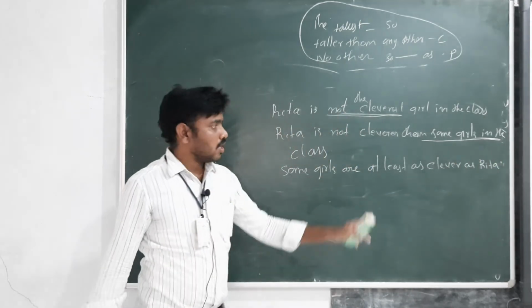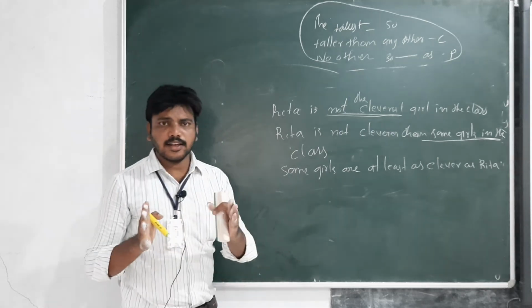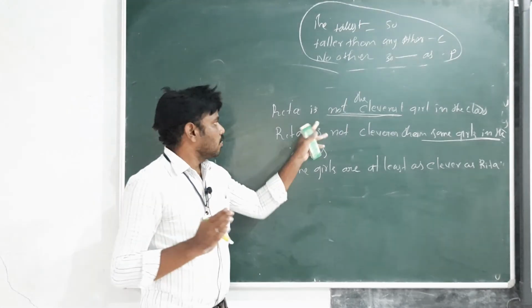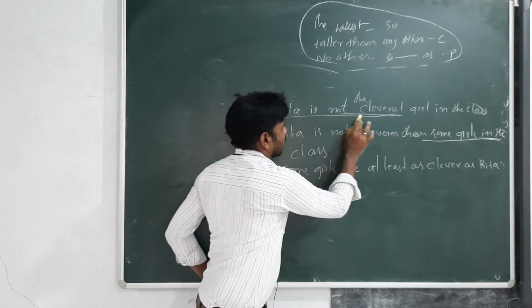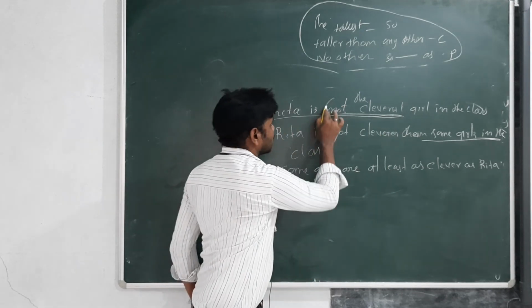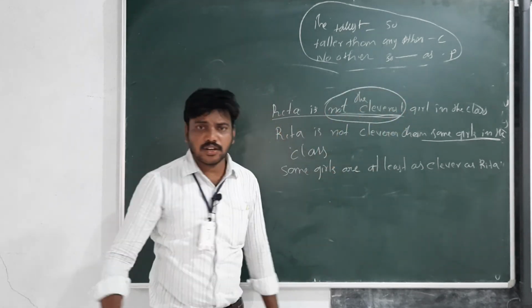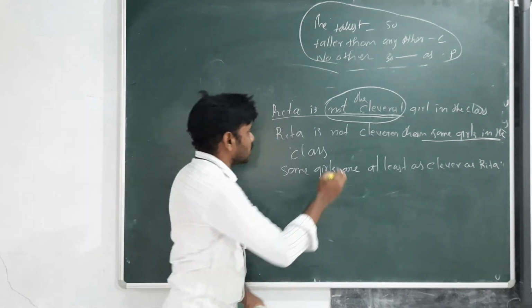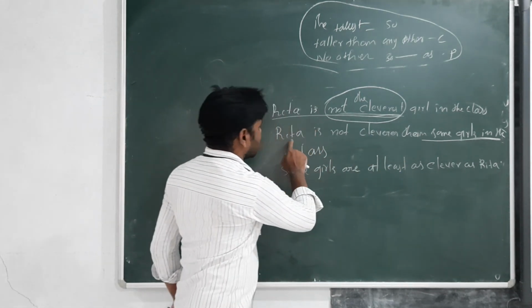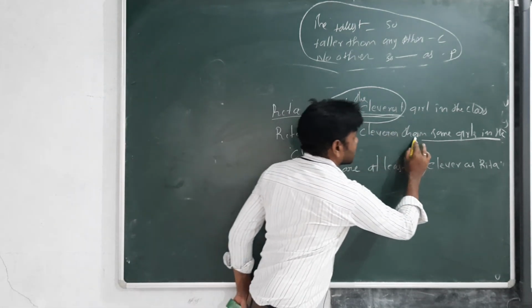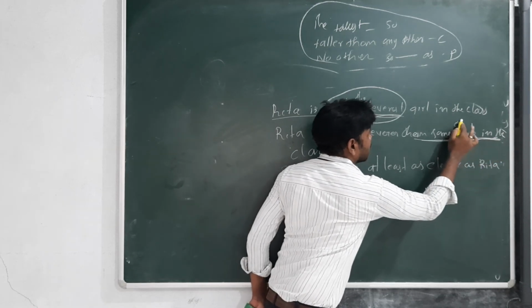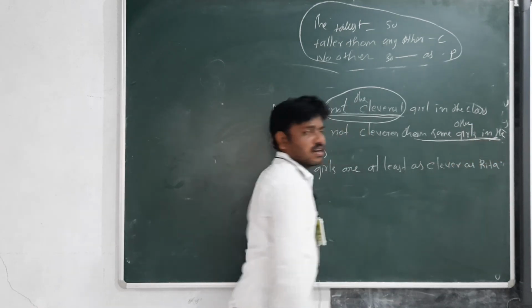This is the answer. Now finally, listen. Rita is not the cleverest girl in the class. So "not the cleverest" is a negative sentence, and when there is a negative sentence, this is the model. Rita is not cleverer than some other girls in the class.